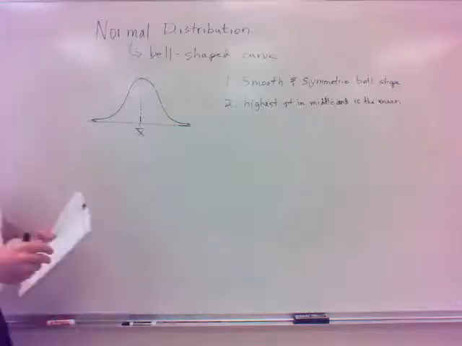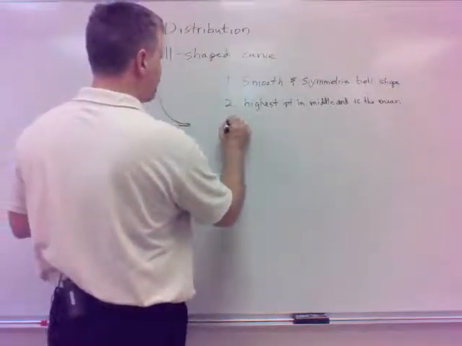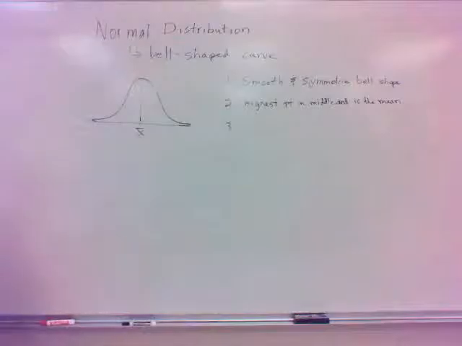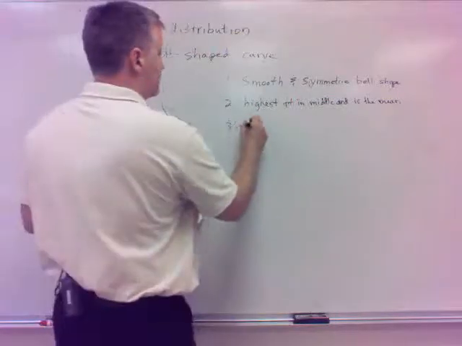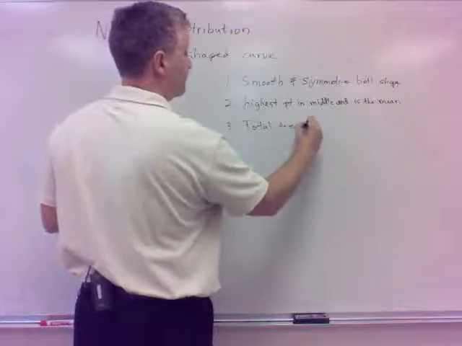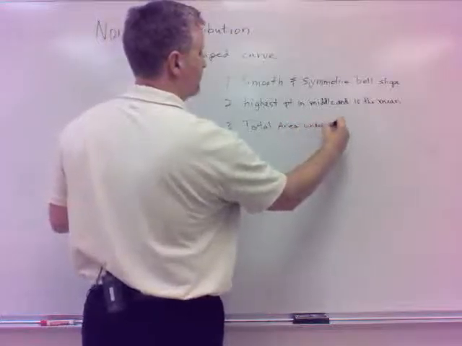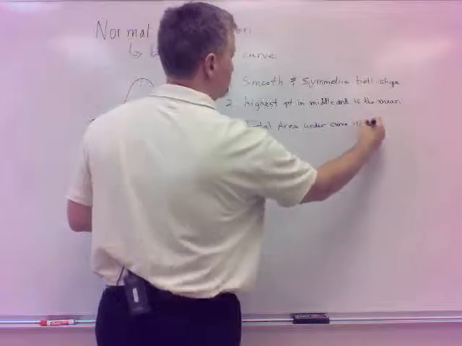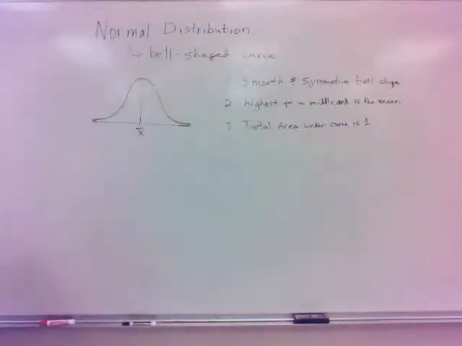And then one other point is we're going to be talking a lot about percentages of values under the curve. Just point out here the total area under the curve is 1, or 100%, okay?